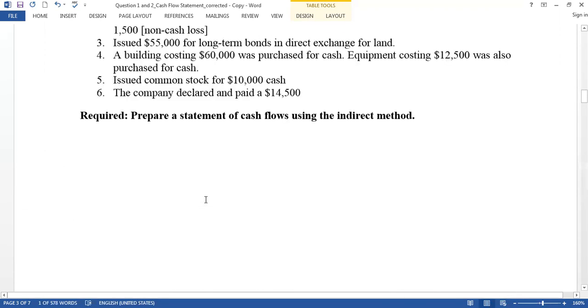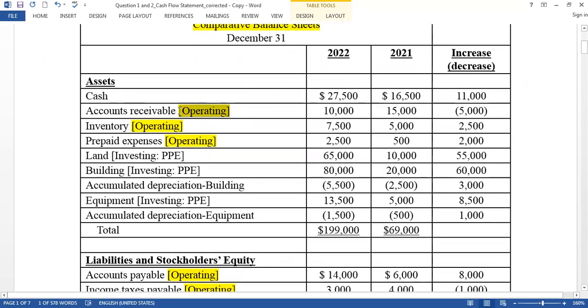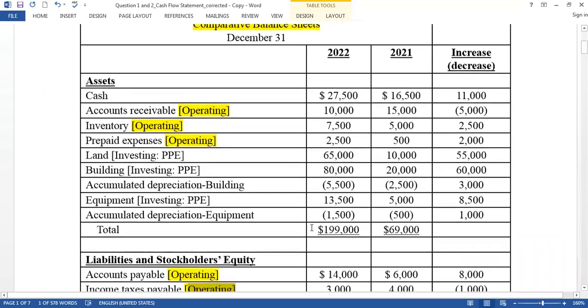Then we have to find out how many non-cash current assets we have, because these are operating activities: accounts receivable, inventory, and prepaid. Then we have income tax payable and accounts payable, they are operating activities because they are current assets and current liabilities.